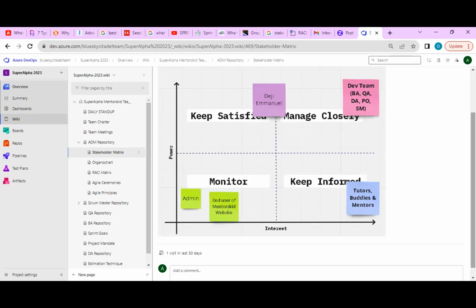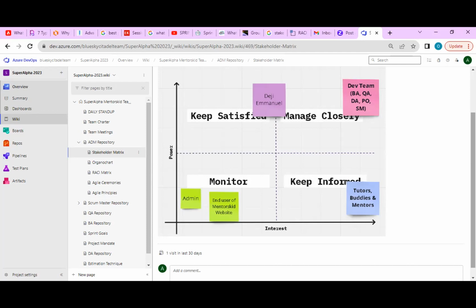Not that they can sack me, but if, say for example, any of the development team decide not to carry out their own task, this may actually affect the whole delivery of the project.